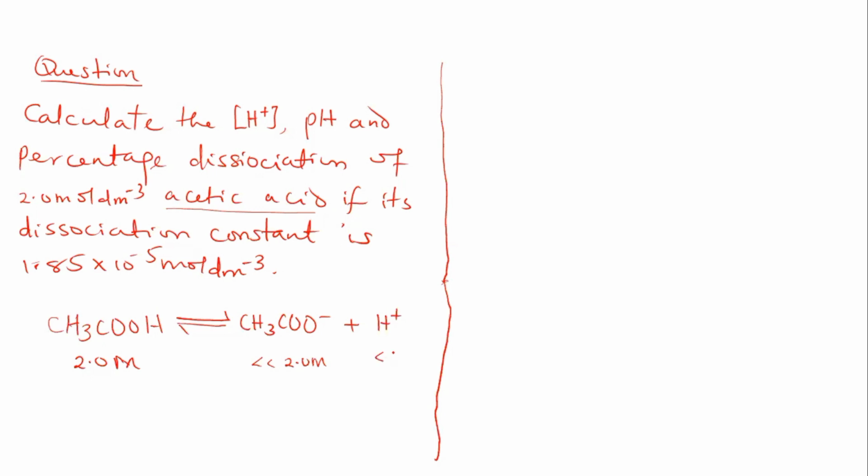And this one too will be far less than 2.0 mole per dm cube, because unlike HCl or other strong acids, whereby you have 2 molar here and you're also expecting 2 molar there because it dissociates completely, not following equilibrium. Here it is equilibrium because it is dissociating by equilibrium, because it's a weak acid.